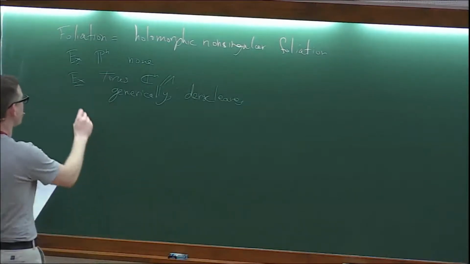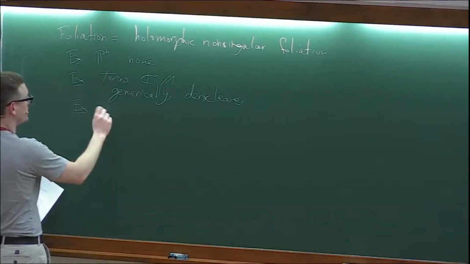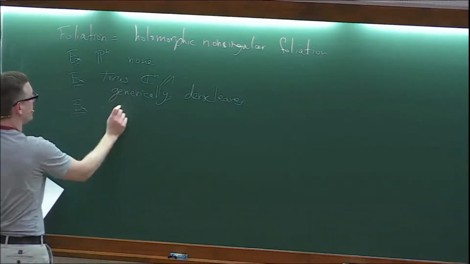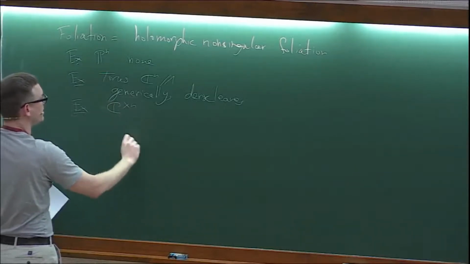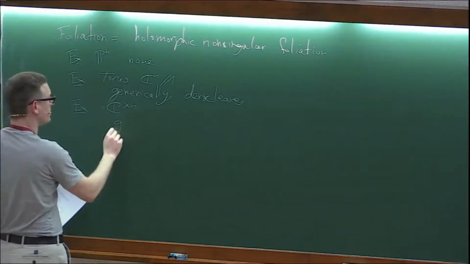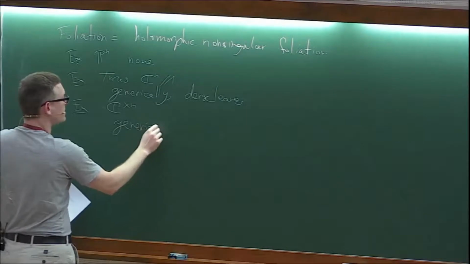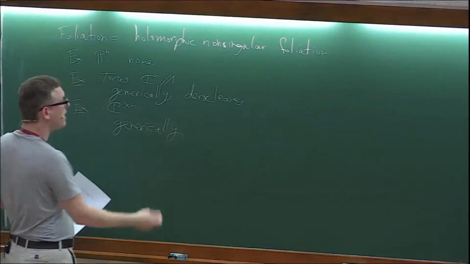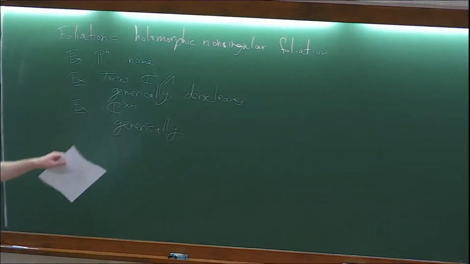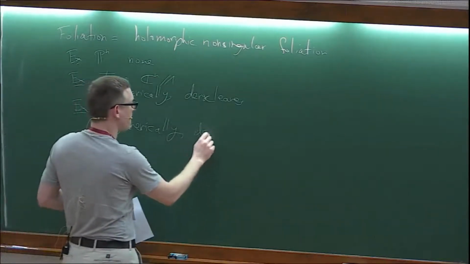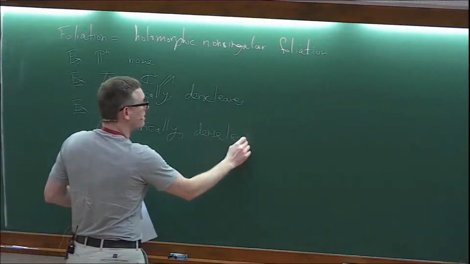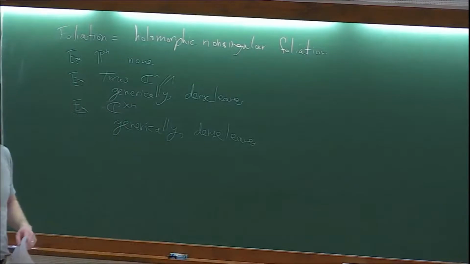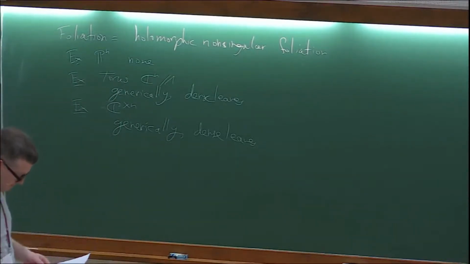And it's not a compact phenomenon. It's the same if you look at, say, C star to the n, which also has generically dense leaves. When I say generically dense leaves, I mean the generic holomorphic non-singular foliation has dense leaves. So typically, these are rather bad foliations, right?